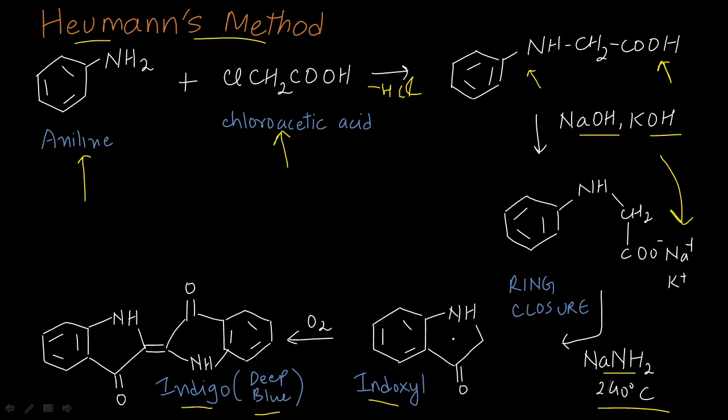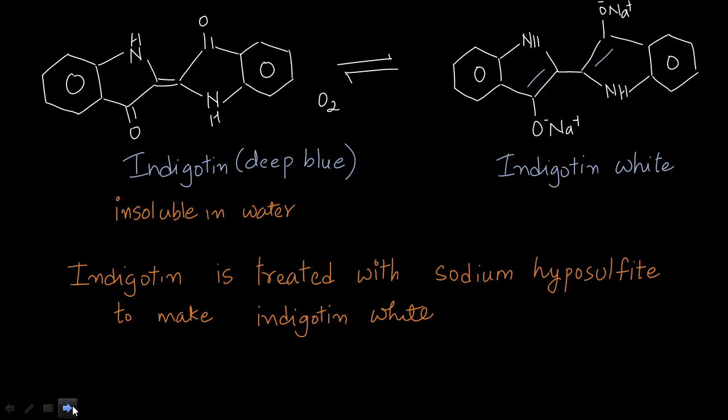What exactly happens is, this is an indoxyl, so 2 units of indoxyl fuse or undergo oxidation. When they undergo oxidation, these rings fuse and we have an indigo dye. This is deep blue in color, right? Deep blue. Now this indigo dye that we synthesized by Heumann's method is insoluble in water.